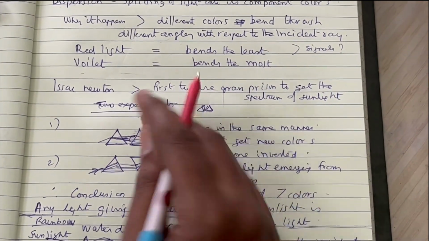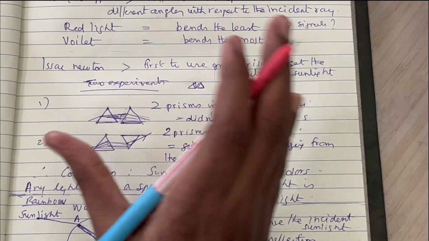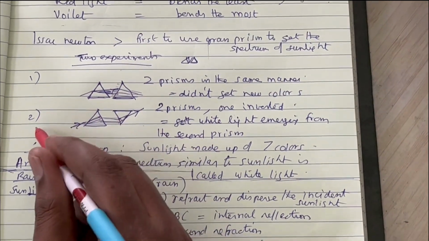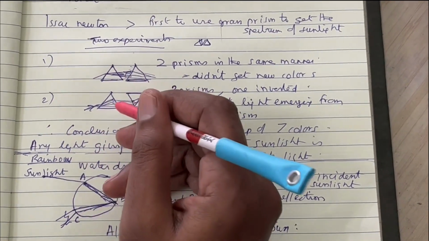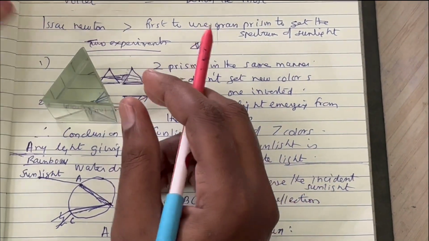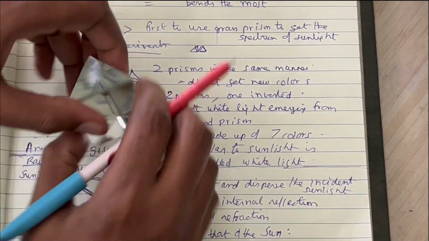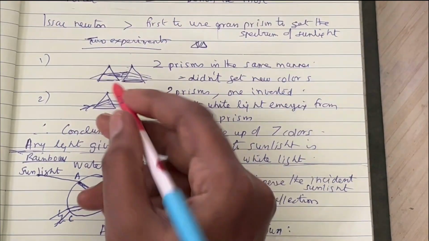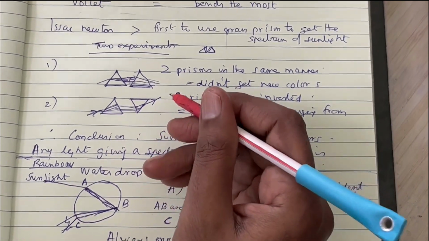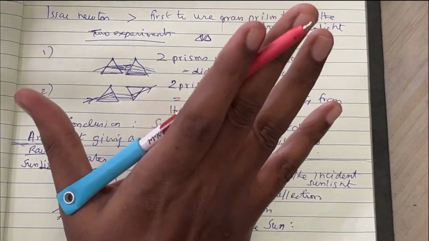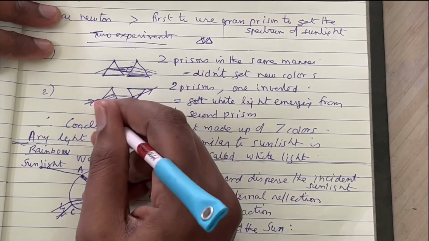The point is that these 2 prisms were of the same kind, so that's very important. But in another experiment, the first prism was put like this, and the second prism was the other way around, that is, inverted.